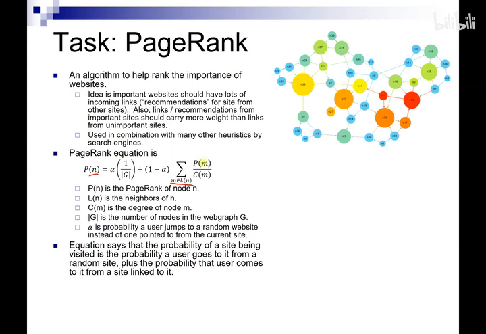So the user has a P of m probability of being at m, and when he's at m, m has a bunch of outgoing links. For example, if this is our n over here, and this is m, then from this website I can go to any one of my neighbors for the next website. I can either go to n, or I can go over here, or over here.